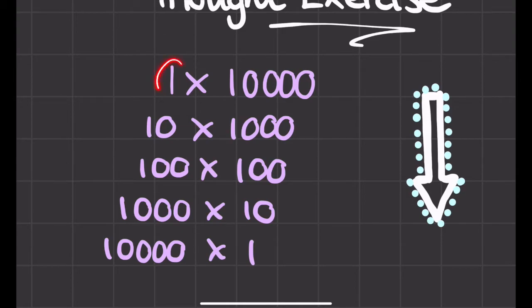If I make this number 10 times bigger and I make this number 10 times smaller, 10 times 1,000, 10,000, it's giving me the same answer. And I could make this another 10 times bigger and this one 10 times smaller, and they still multiply together to make the same answer.